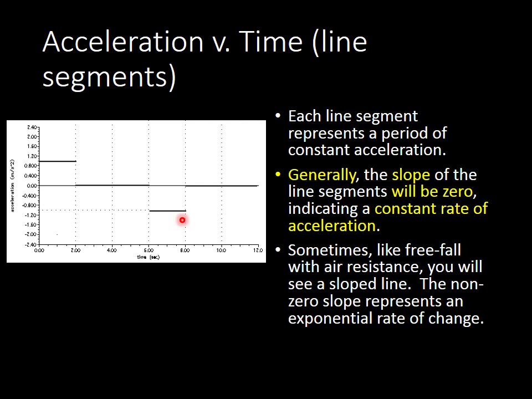Now, a minute ago I said that you could maybe have sloped lines on these. In some very specific cases, like maybe if we were looking at free fall with air resistance, you might see a sloped line. And that non-zero slope would represent some type of exponential rate of change, some type of changing rate of acceleration. In this class, you probably won't see anything like that, but it is something that you should keep in mind for future classes.